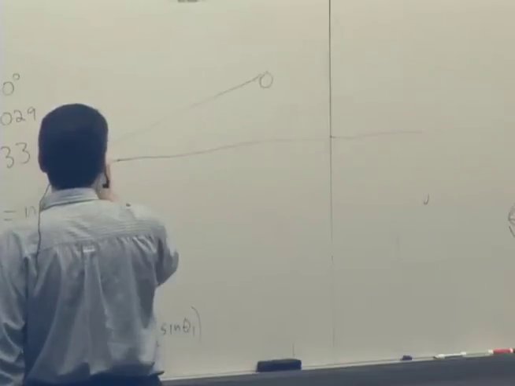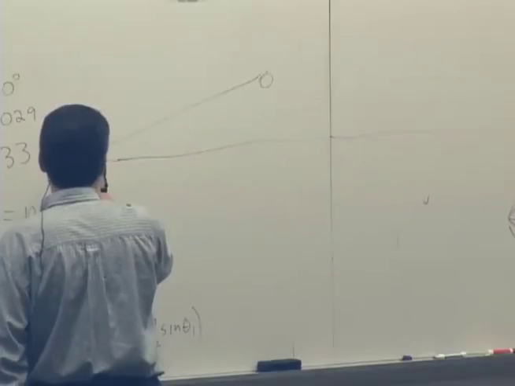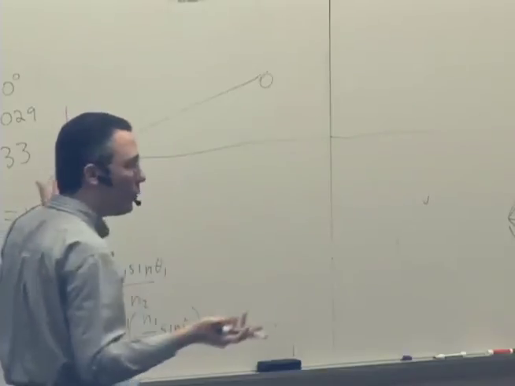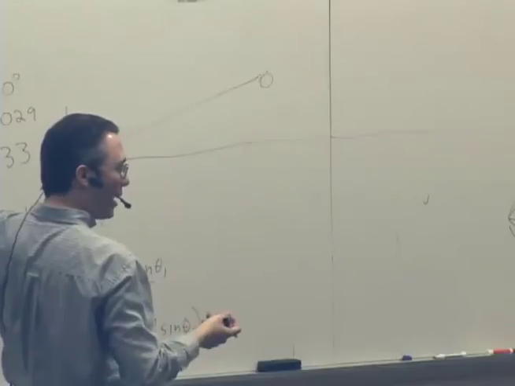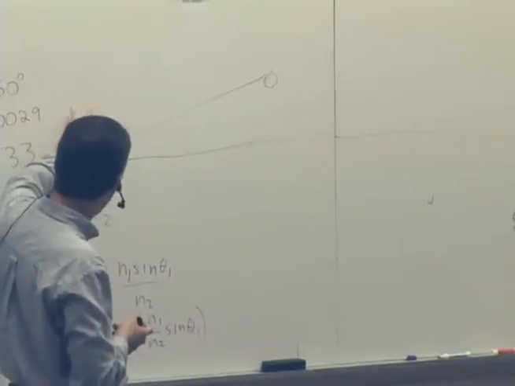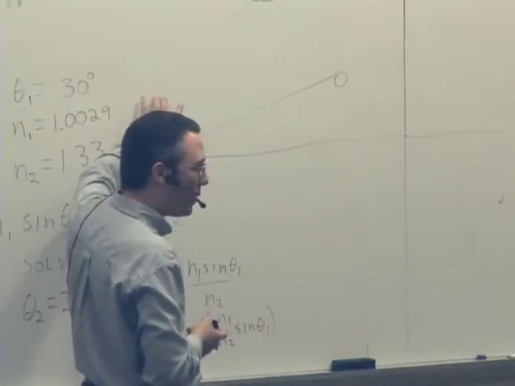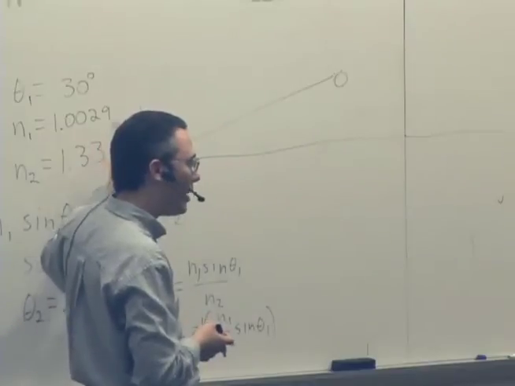If I have an angle that's very big, that's theta 1, and then theta 2 is going to be something like that, and I can calculate what theta 2 is. Now you have a limit where it's getting so far away that the angle is 0, right? But as long as there's a non 90 degree theta 1 here, and we're going from air into water, there's going to be some refraction, and we could calculate that.